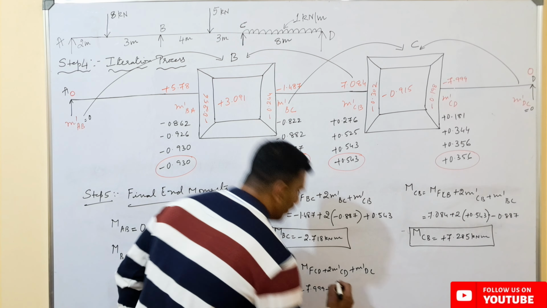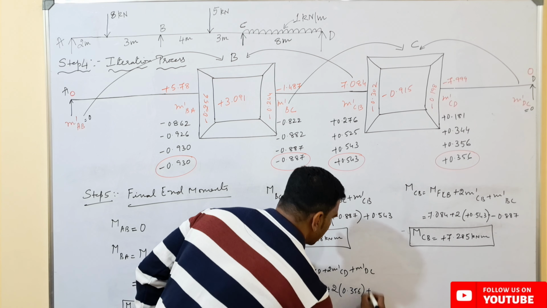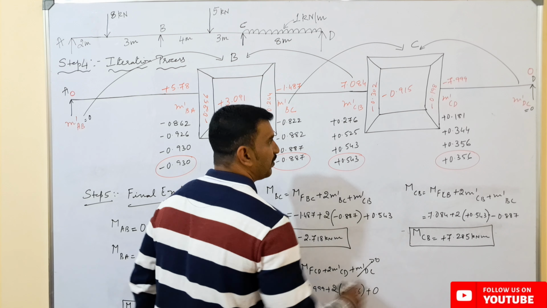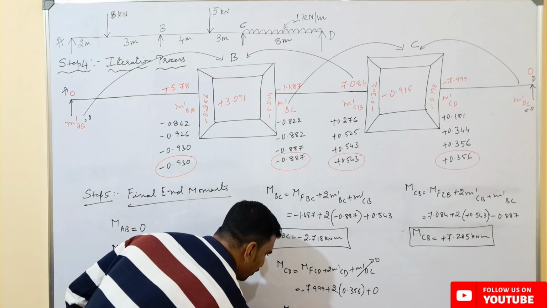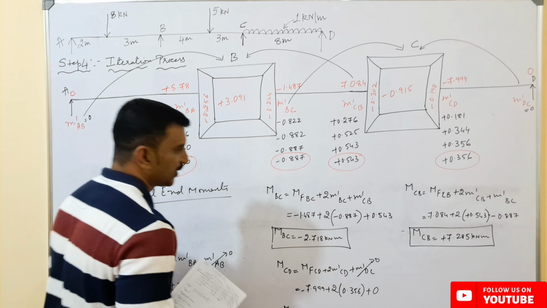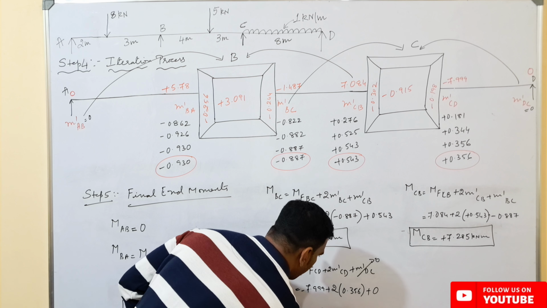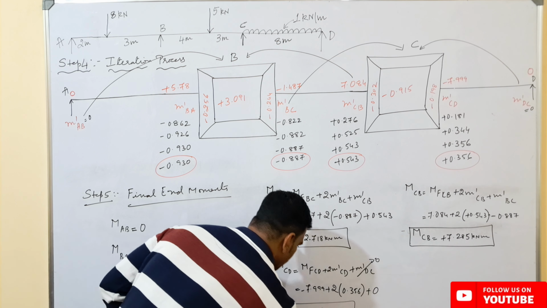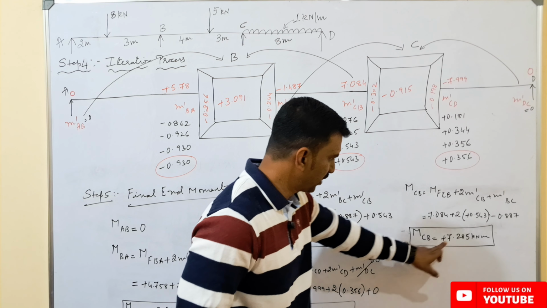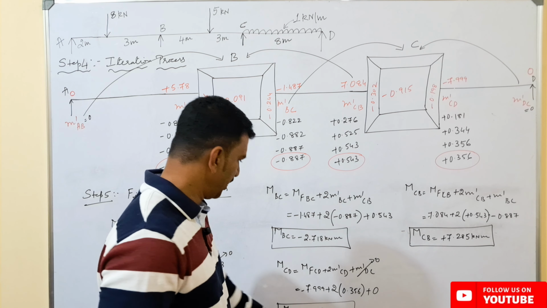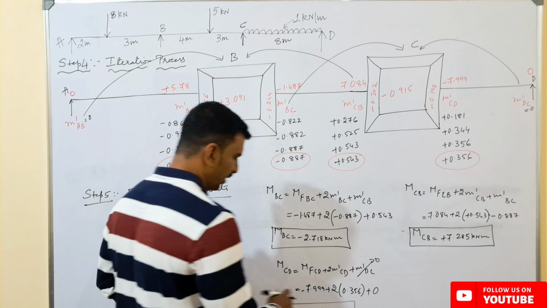Here we have got the value, that is 0.356, plus this value is 0 because M'DC here is 0. So the final end moment from C to D is minus 7.285 kilonewton meters. So here also we can observe at point C, from C to B it is plus 7.285 and from C to D it is minus 7.285, which is equal and opposite in moment. So the calculation is correct.